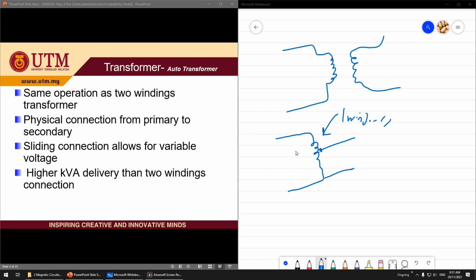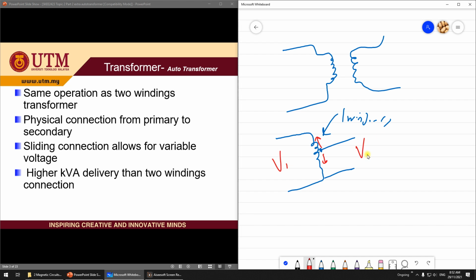So the advantage of the auto transformer is that you can move this. Actually you can move up and down to adjust the number of winding. So basically you have V1 here, V2. V1 is usually constant, but V2 can change.